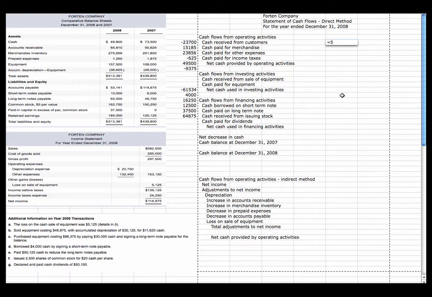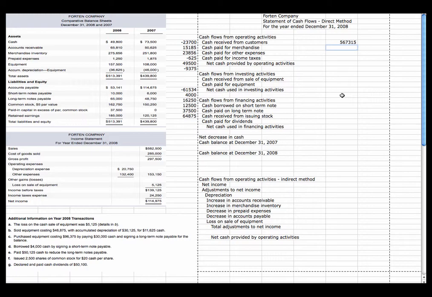So we'll put in $582,500. And then we're going to subtract out the increases in accounts receivable. And the increase to accounts receivable, according to my little calculation here, was $15,185.